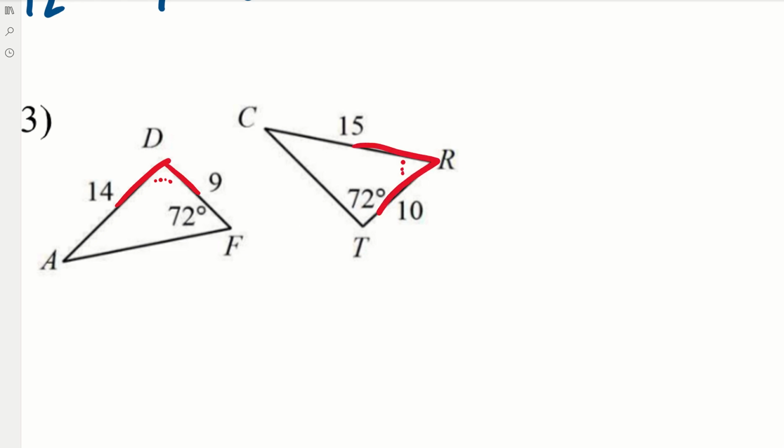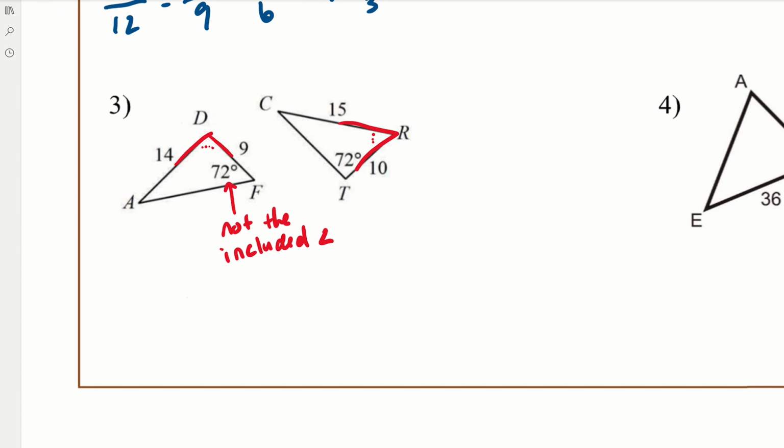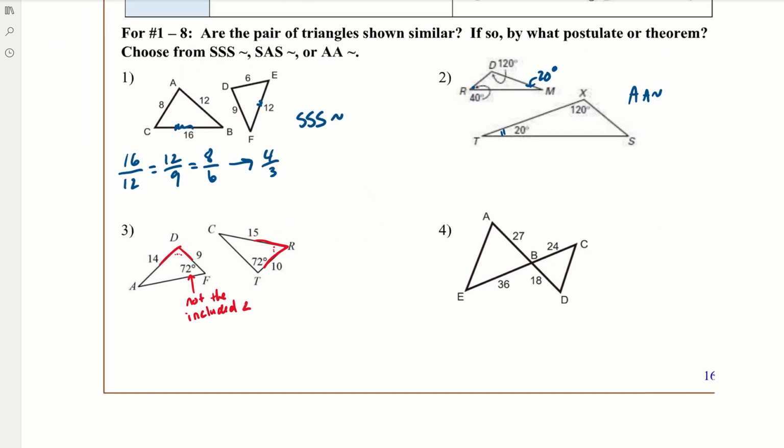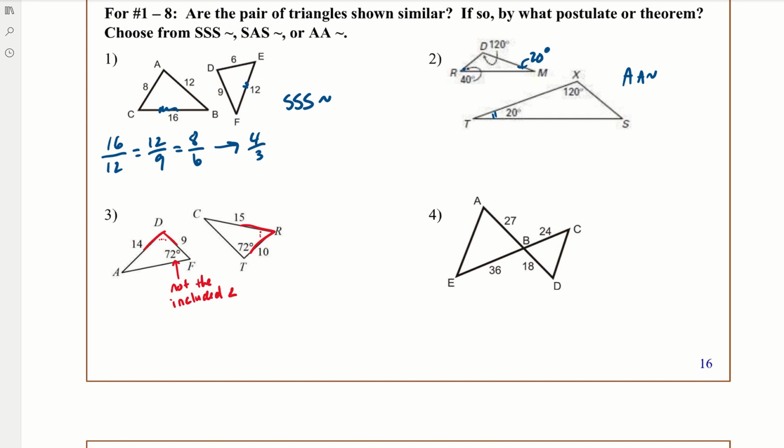This one is not the included angle, and that's going to cause me problems. That actually limits what I can determine here. I'm going to say not enough information. We can't actually tell here.